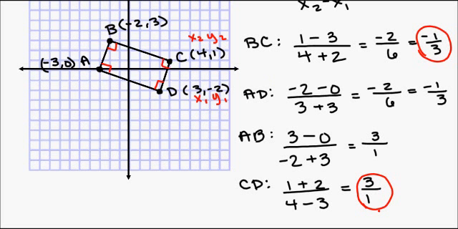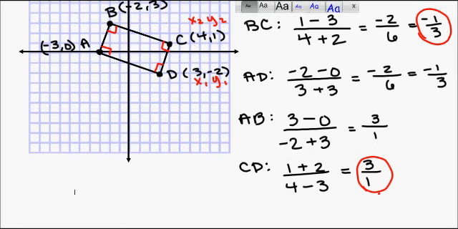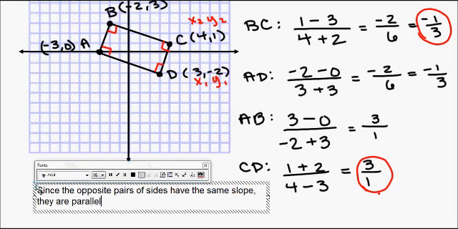So let me write my conclusion, and I'm going to type it for you. So since the opposite pairs of sides have the same slope, they are parallel. And maybe I should say both pairs.